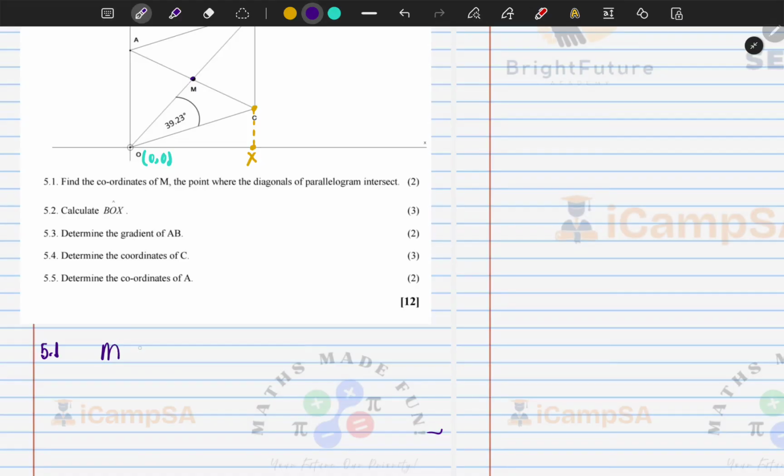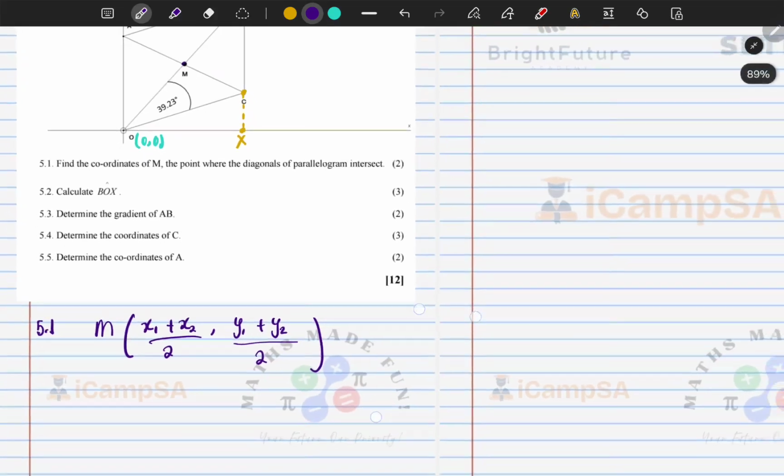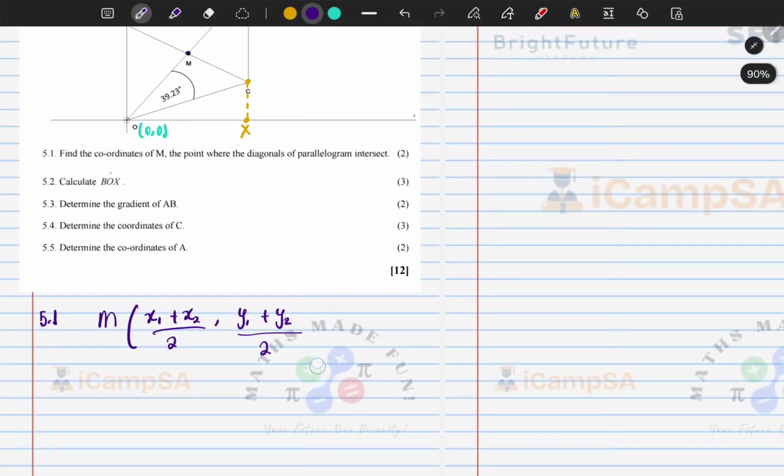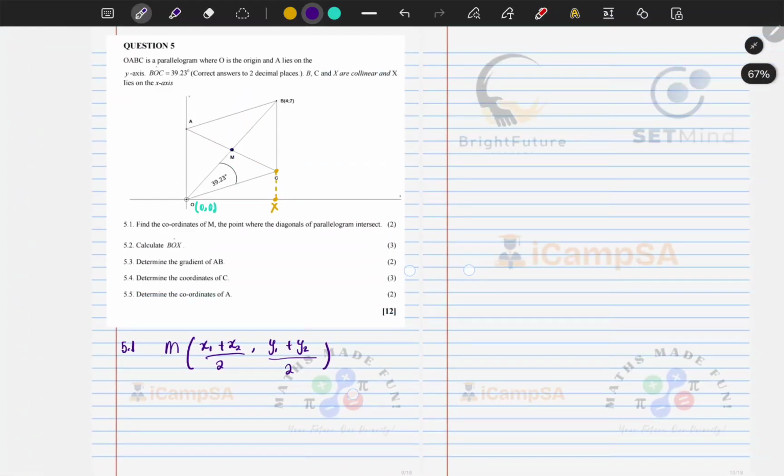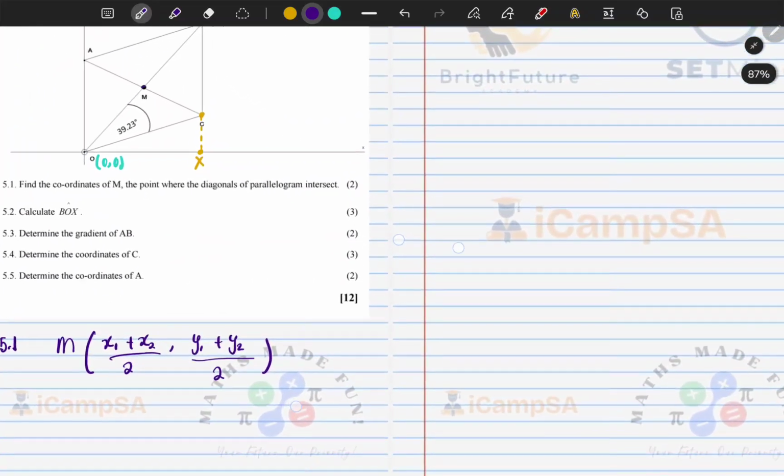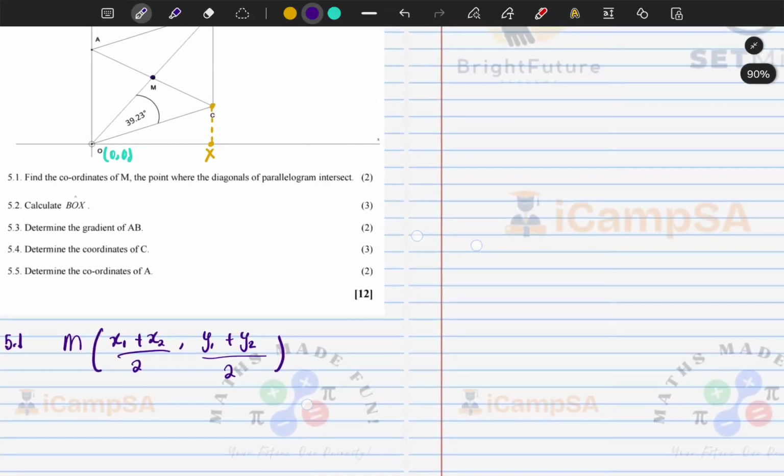We are going to use the midpoint formula, which is x1 plus x2 all over 2, y1 plus y2 all over 2. And remember we are using BO as points, so you need 2 points here.